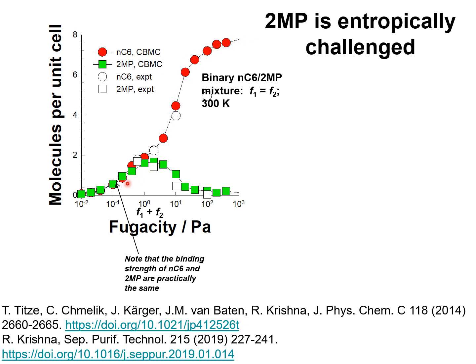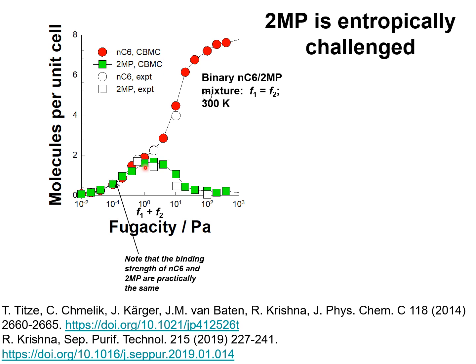The red circles denote the loadings of normal hexane, and the green squares denote the loadings of 2-methylpentane. We see that up to a total fugacity of 1 pascal, the component loadings are almost identical to each other.